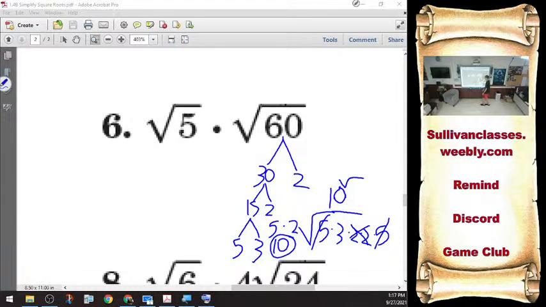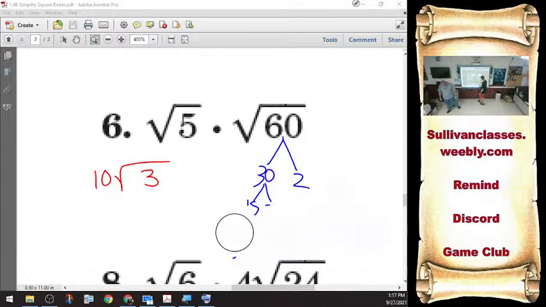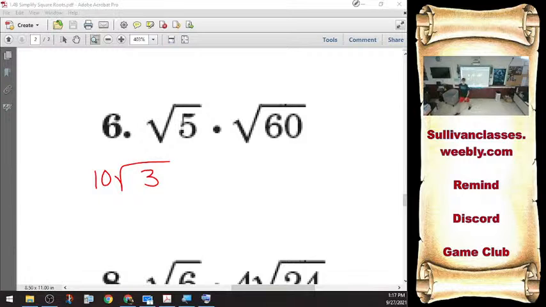Like that. 10 goes in front, 3 goes inside. Okay. That's it. Almost there.